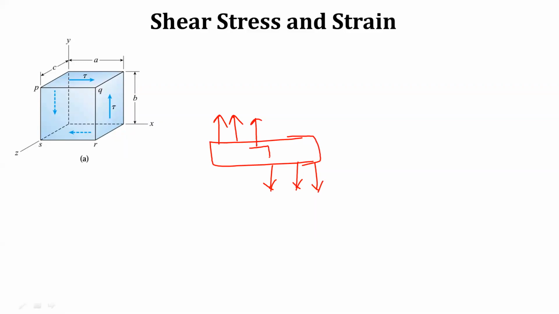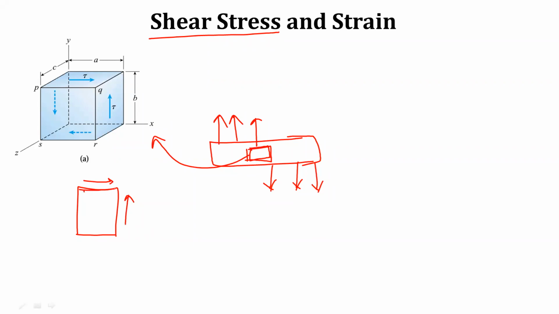Now if I take a small square element of this bar, which I have shown here, this is a three-dimensional cube element having dimensions in x, y, and z direction. Okay. Now how to represent this shear stress on the element? Instead of three-dimensional, I will draw 2D like this, and we can mention the shear stress this way.